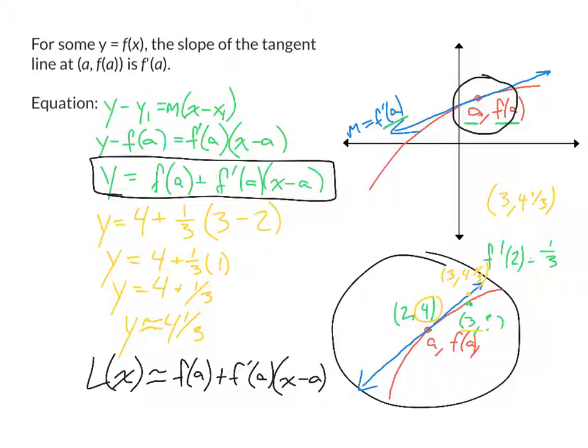So it requires knowing an ordered pair and the slope of the tangent line at that point, and that allows us to make an approximation for all the y values at points near that a value. Okay? And so it's this equation that we will be using in class tomorrow. We are done.